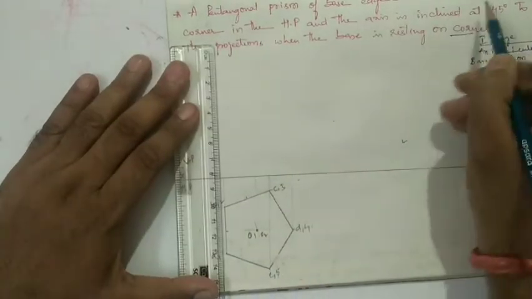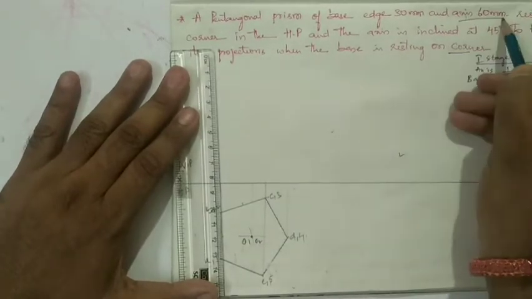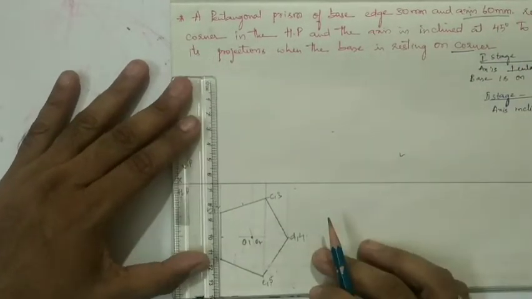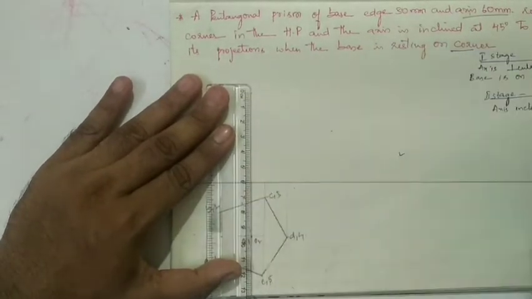The axis height given for us is around 60 mm. So draw the height. First, draw the axis.